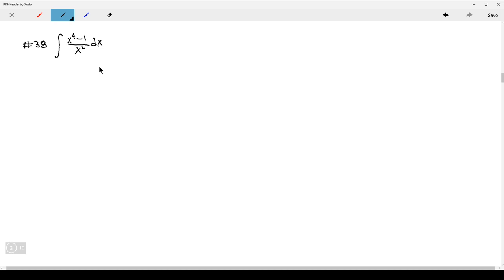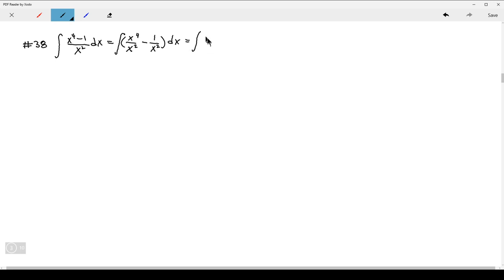I only have a power rule, which means I need to do some algebra to this before I can take the antiderivative. So I need to use the distributive law.